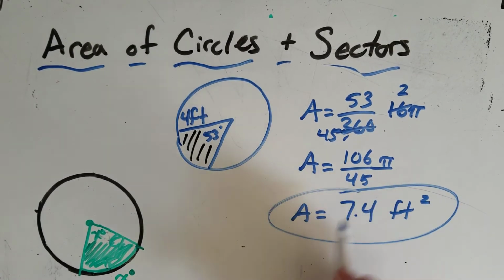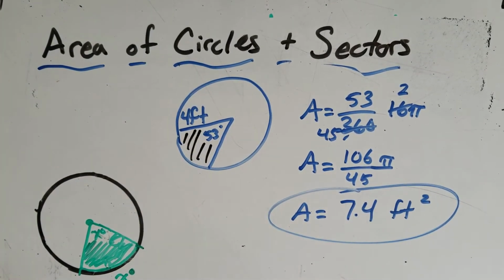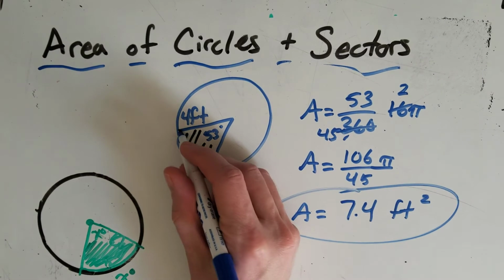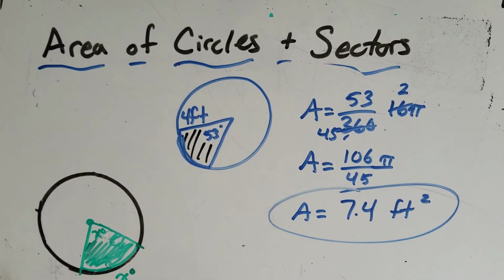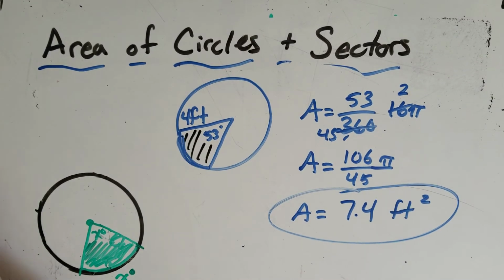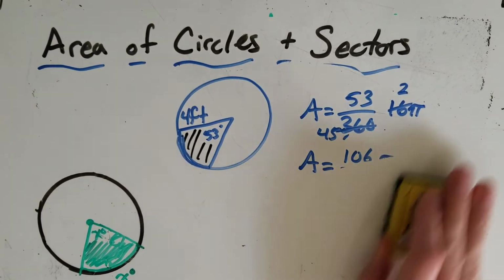That would be the area of this sector right here. This was an example of being bound by a minor arc. You could be bound by a major arc. We'll do one example with that, and then you'll be on your own.